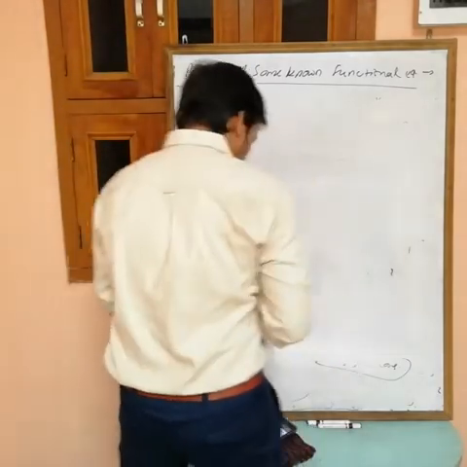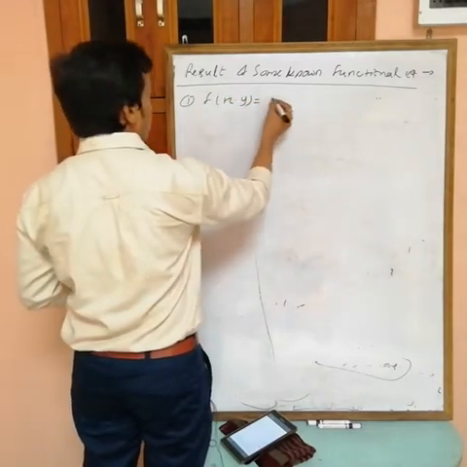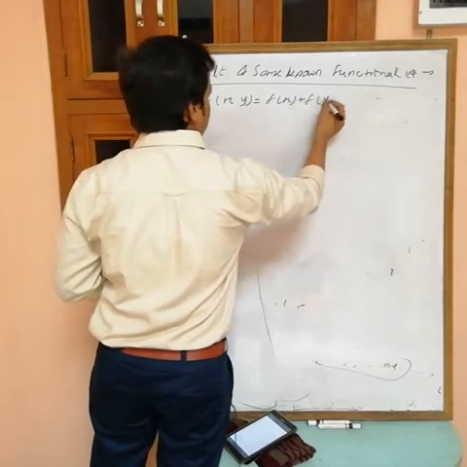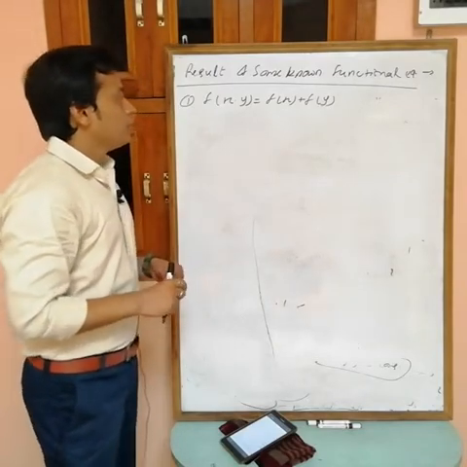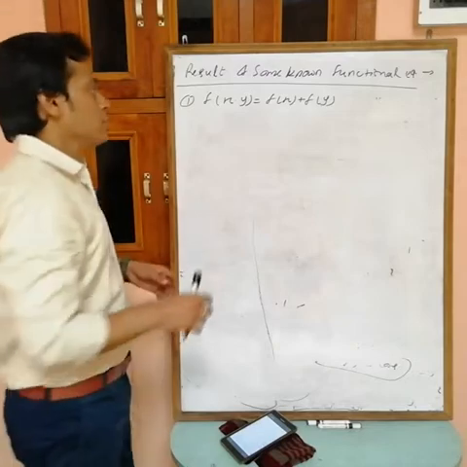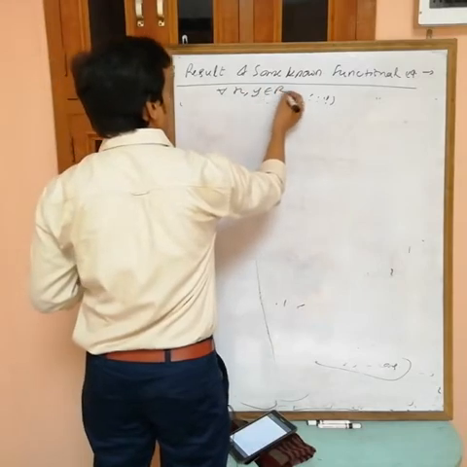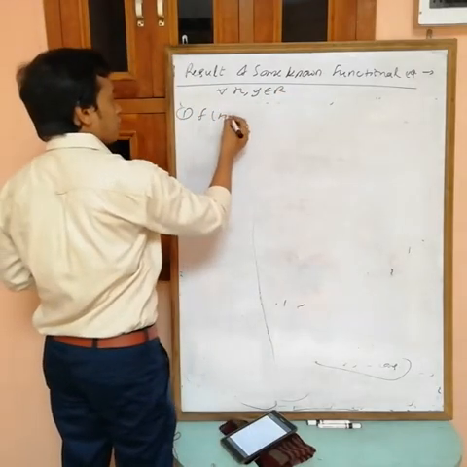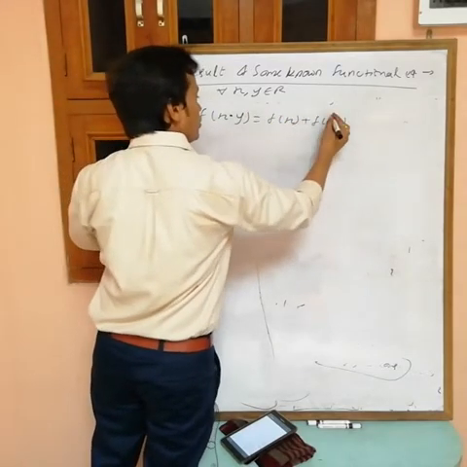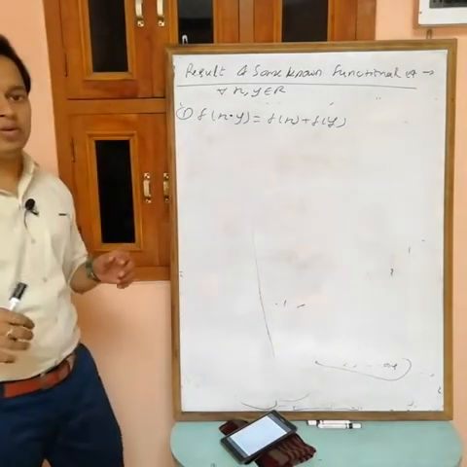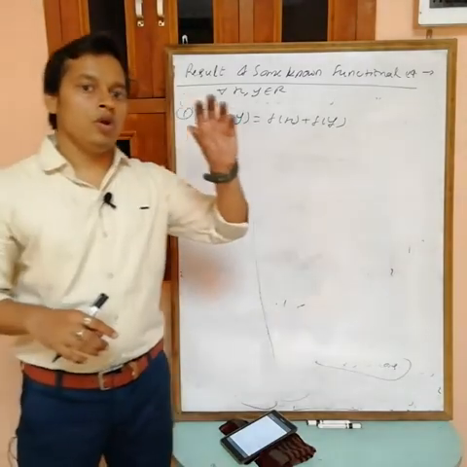First one, if we have f(xy) equals to f(x) plus f(y). If any functional equation we have in this way, that f(xy) equals to f(x) plus f(y), and this is for all x, y belongs to R. Now do you know any function such that f of xy is equals to f(x) plus f(y)?